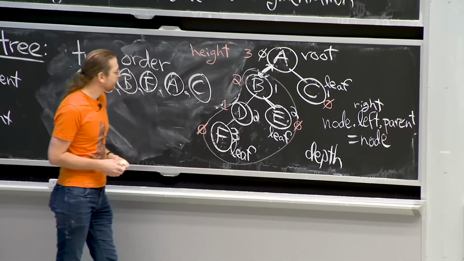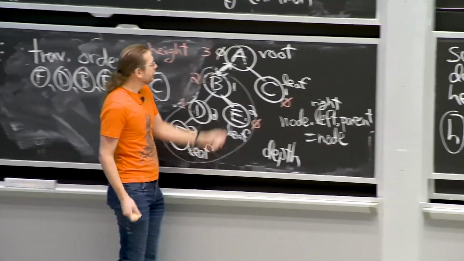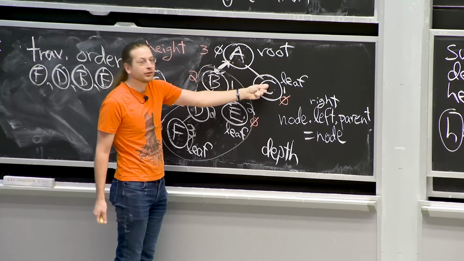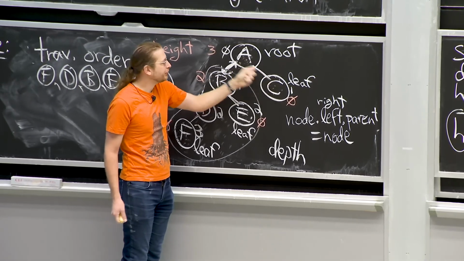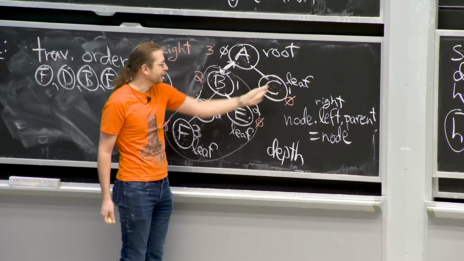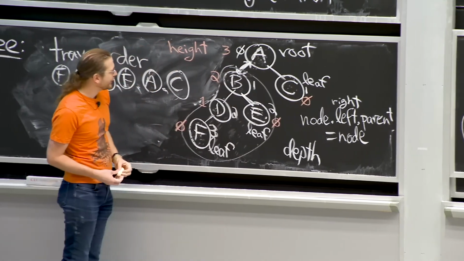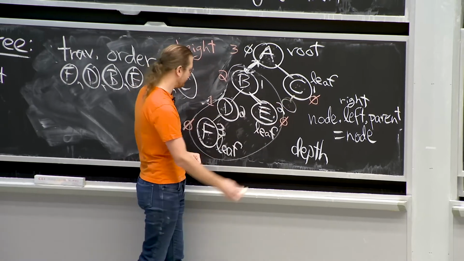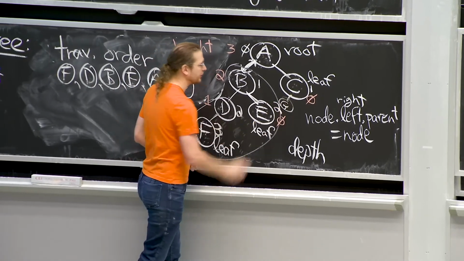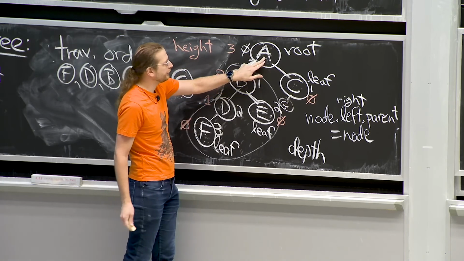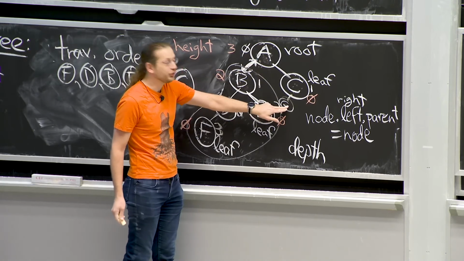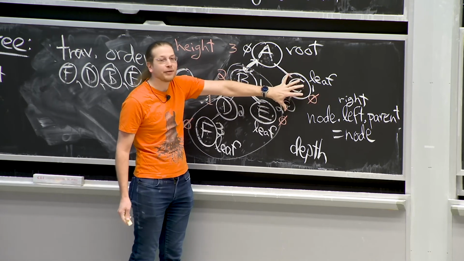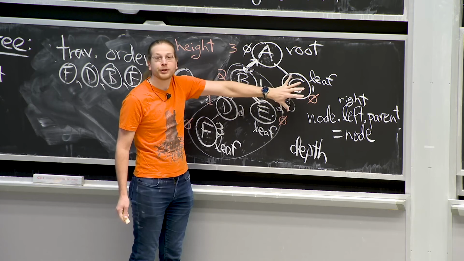Let's see. There are going to be two cases. If I look at the successor of A, it has a right child. And in this case, the right child of A is the successor, but that's not always the case. I don't have a good example. But if I had another node here, let's call it G, the successor of A is actually G, because all of these items come after A in the order, but which one comes first?